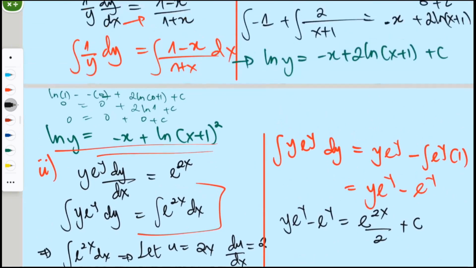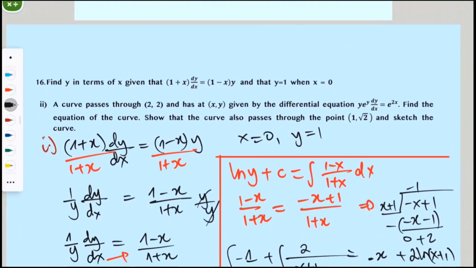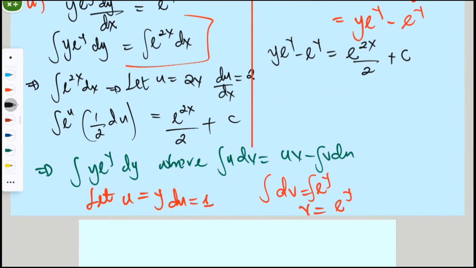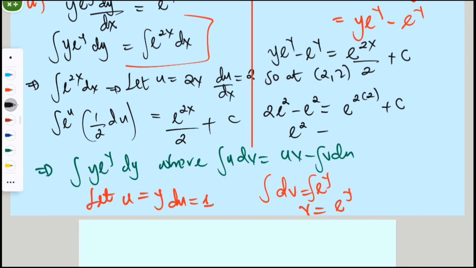And then they told us it passes through the point 2, 2. So when x is 2, y is 2, right? We can find the constant c. So at 2, 2, we should have 2e squared minus e squared equal to e to the power 4 over 2 plus c, and then 2e squared minus e squared is just going to be e squared.